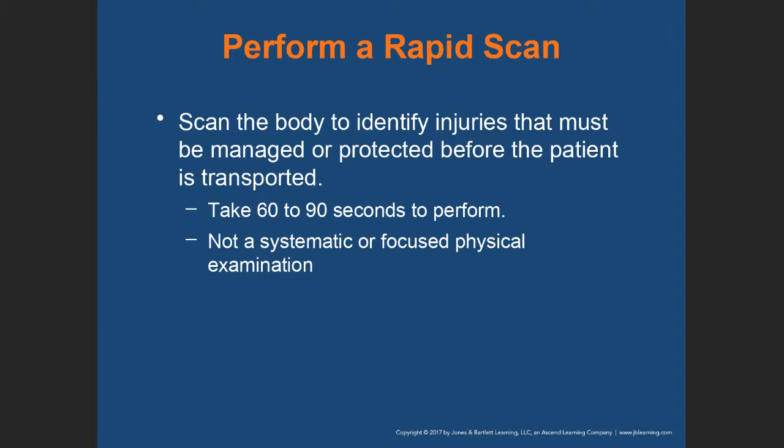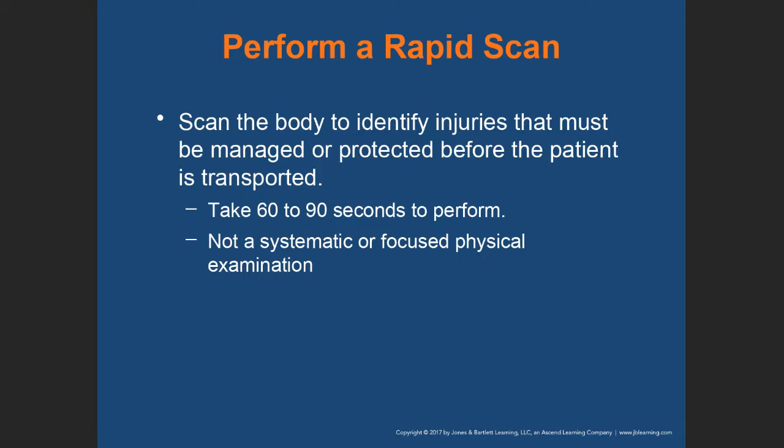And this will take 60 to 90 seconds to perform. It is not a systematic or focused physical examination. So you're doing a rapid head to toe. You're feeling the patient from head to toe, and you're trying to identify if there's any injuries that you need to address before you package your patient for transport.